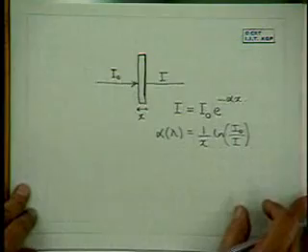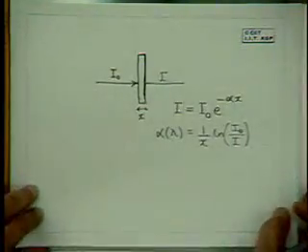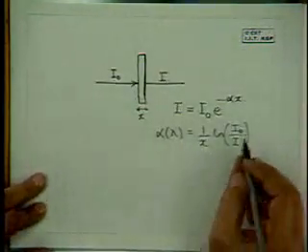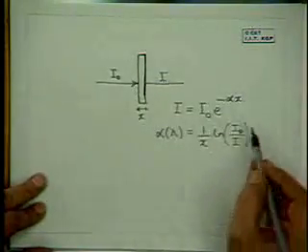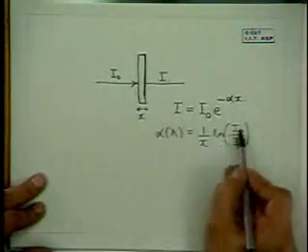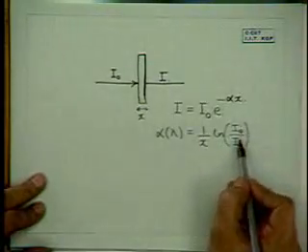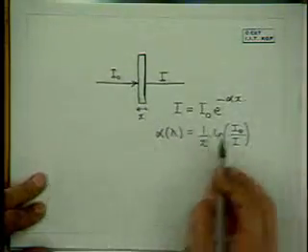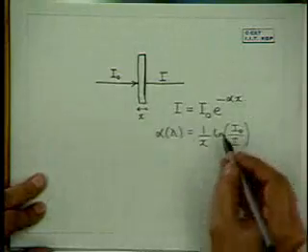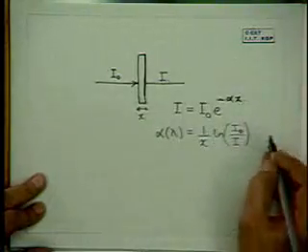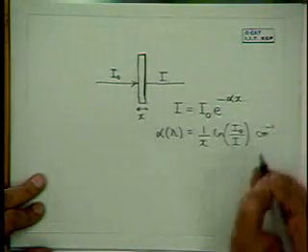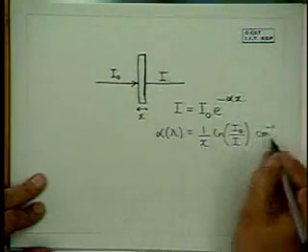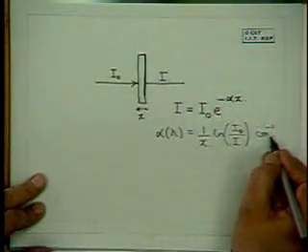So, experimentally, how is alpha determined? Alpha is determined experimentally by measuring this ratio of I0 by I, knowing the thickness x, and using this formula, which gives you alpha in centimeters inverse if x is in centimeters.